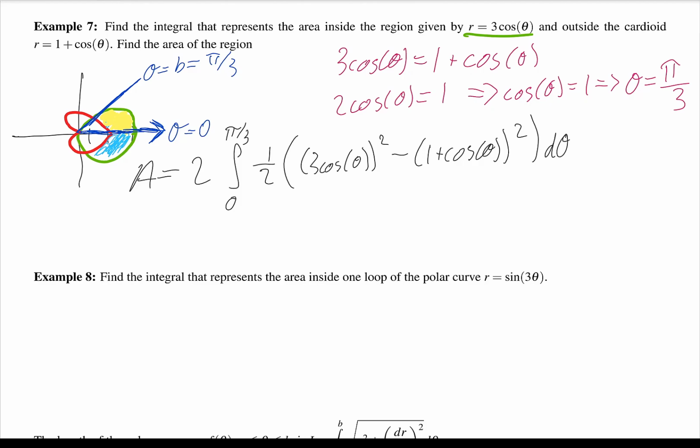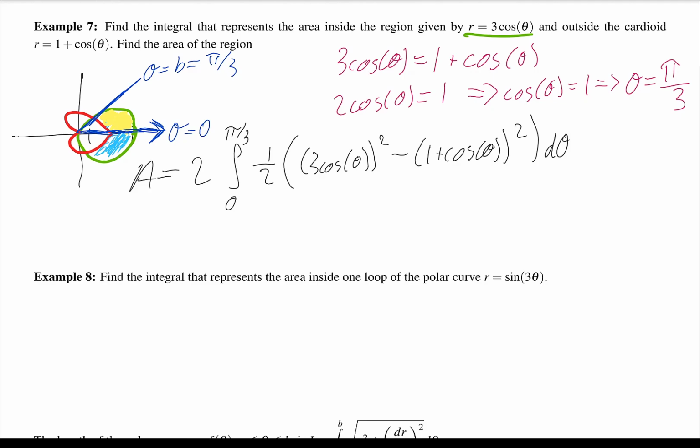Okay, now for this one, you don't have to worry about solving this one out. This one would take quite a bit of work, and I don't think that the amount of time that this problem takes to solve is worth it to practice for the final exam. We won't have stuff of this difficulty on the final exam.